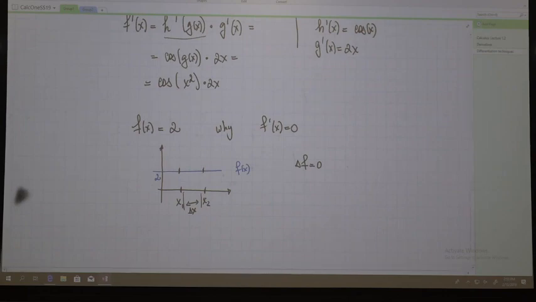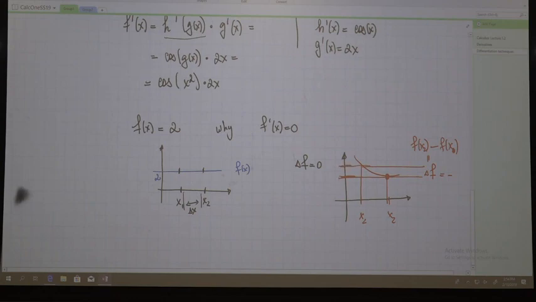Okay? For example, if your function looks like this, and you choose the 2 points, x1 and x2, the change of the height, delta f, will be some negative value. Because by definition, delta f is f of x2, which gives you this point, minus f of x1, which gives you this point.